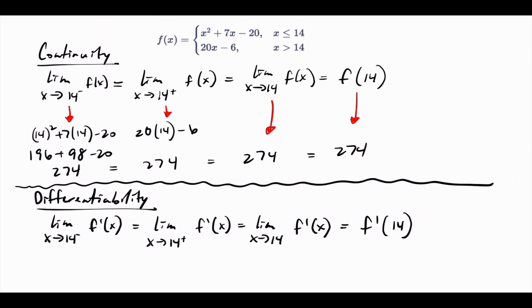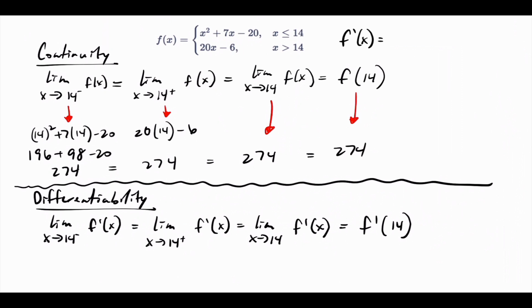Here's the question. I need to find the derivative for differentiability. How do I find the derivative of a piecewise function? Like, how do I find f prime of x?